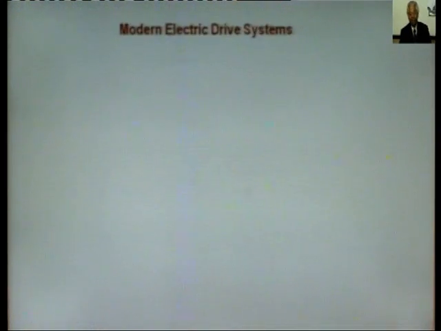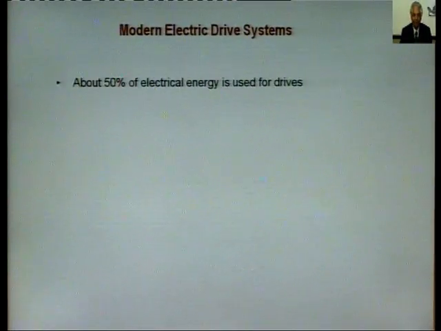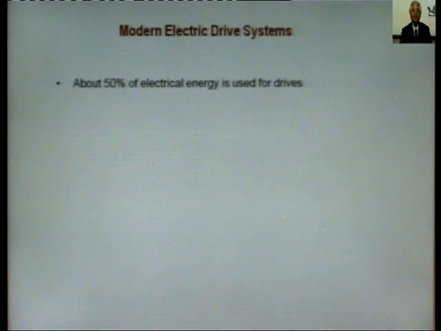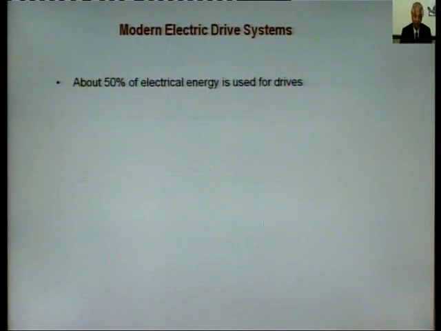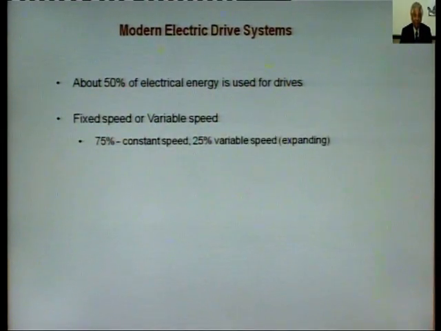Let us see what the modern electric drive systems in use are. About 50% of electrical energy is used for drives, fixed speed or variable speed. The drive can be of two types: a fixed speed drive or a variable speed drive. 75% are constant speed drives and 25% are of the variable speed type.